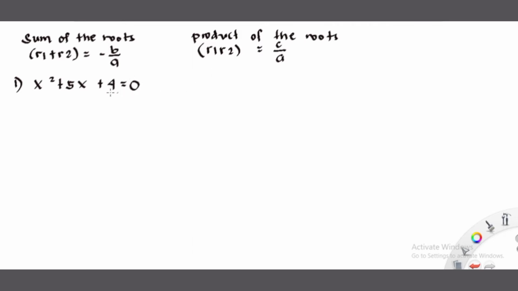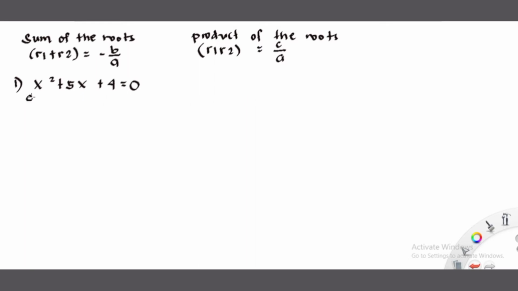Again, we have to check kung yung ating quadratic equation ay nakasulat sa standard form. Yes, in this given, nakasulat na siya sa standard form, ax squared. So unang nakasulat ang x squared, followed by bx or yung term na may x, plus c or just the constant is equal to 0. So naka-standard form na siya. Let us identify a, b, and c.